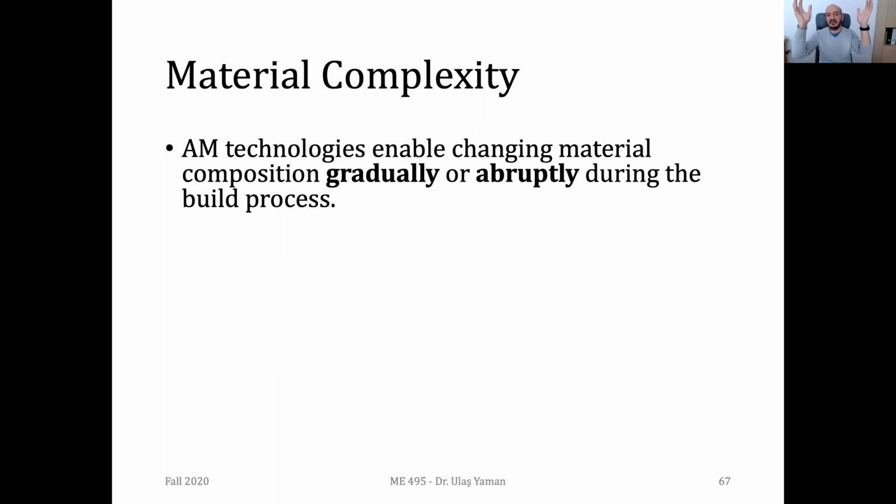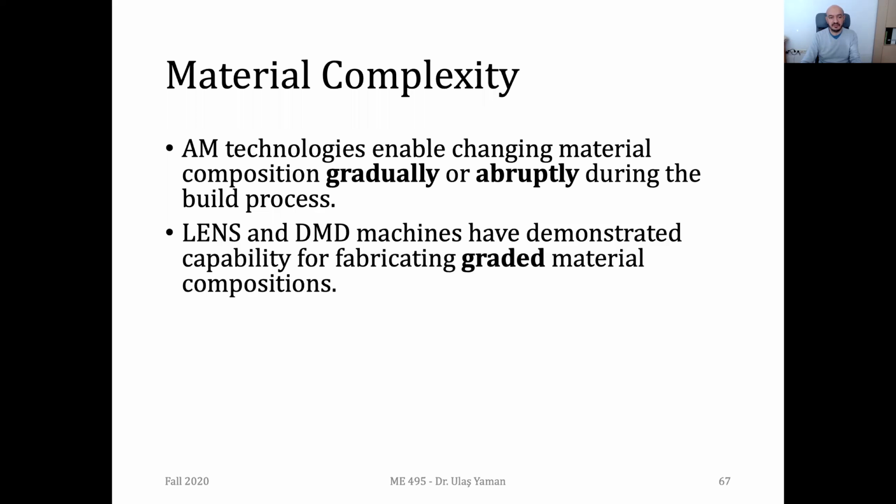If you have multiple hoppers, they will be jetting different powders, and you can adjust the ratios and have a gradual transition or an abrupt transition between specific materials. And it's also doable if you remember the Aerosint example on a powder-based technology. We can do it all with the powders.